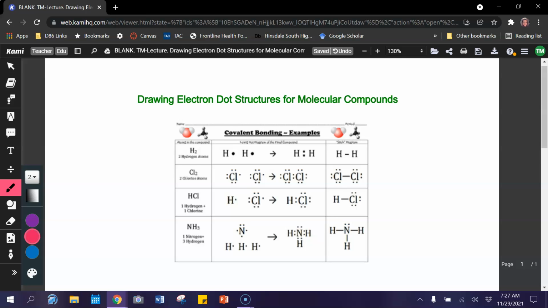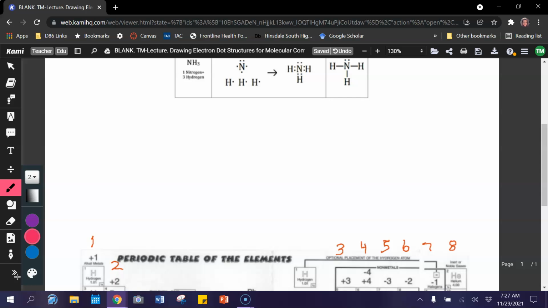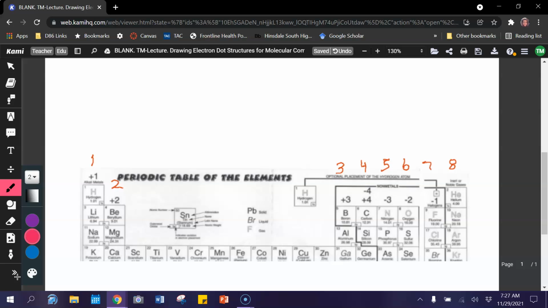Well, let's take a look first at how to figure out the electron dot structures for each atom. Here I have a little snip of your chem helper, and I wrote down the group numbers above each column. Now remember that the group numbers are going to tell you how many electrons there are in the valence shell of each atom.